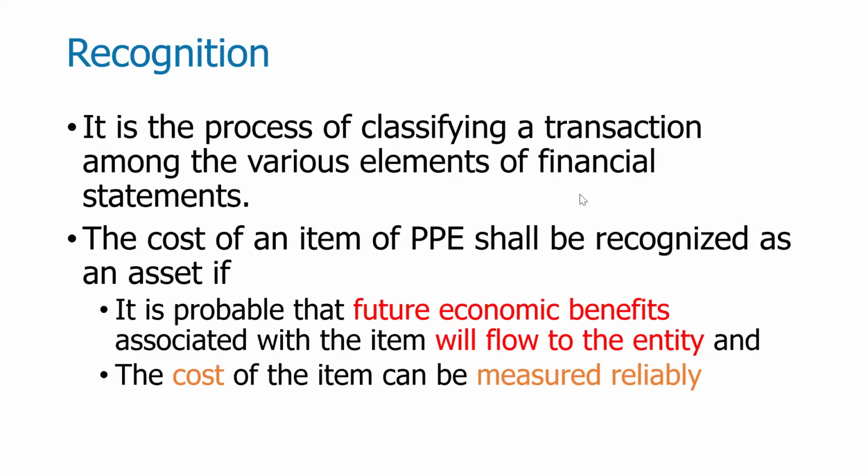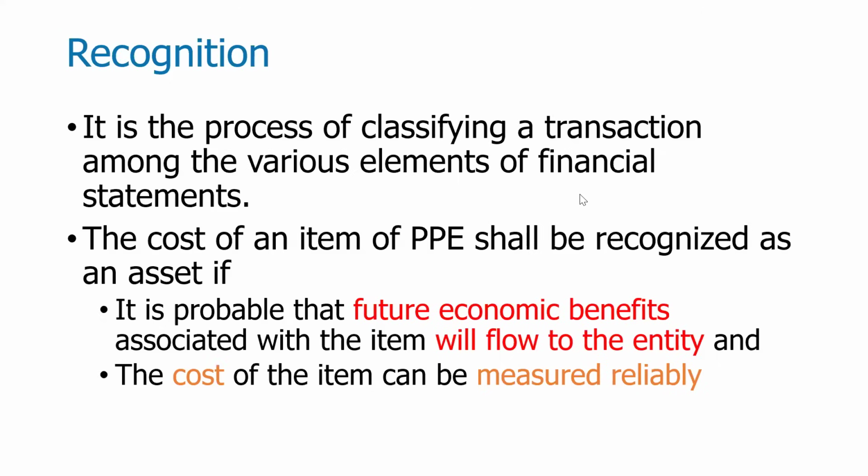Okay. So I'm taking it again. You can recognize an item as PPE if it is probable that future economic benefits associated with that item will flow to the entity. And by this, what do I mean? I mean, if the entity receives reward from the use of the asset, if they bear risks as well, and again, if they have control over the use of the asset.